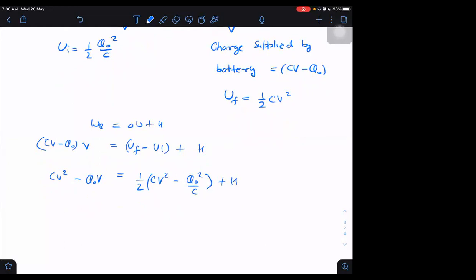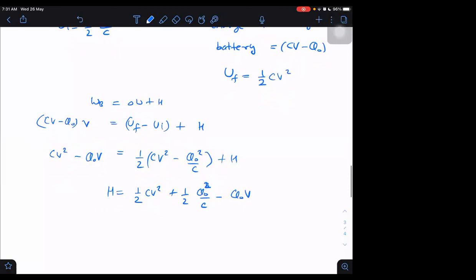What is the heat energy dissipated? Half CV square plus half Q naught square by C minus Q naught into V. This is the heat energy dissipated.